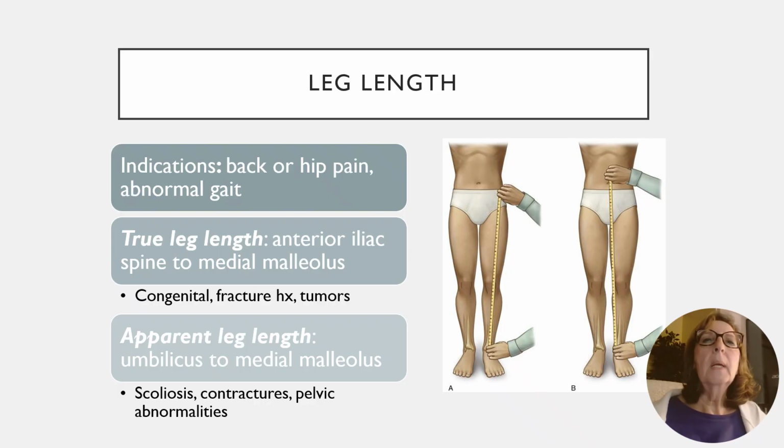That's if we suspect a congenital problem, a history of a fracture or tumor. When we are looking at the apparent leg length, we're going to be measuring from the umbilicus to the medial malleolus. For that, we're seeing maybe some scoliosis, some contractures, maybe some pelvic abnormalities. So make sure that you know how to measure these two different things.